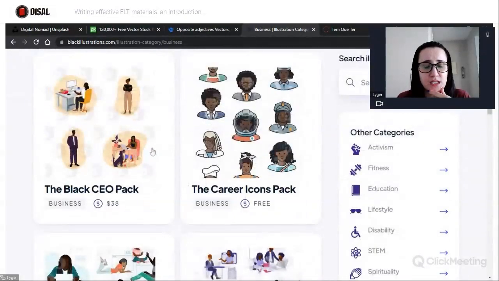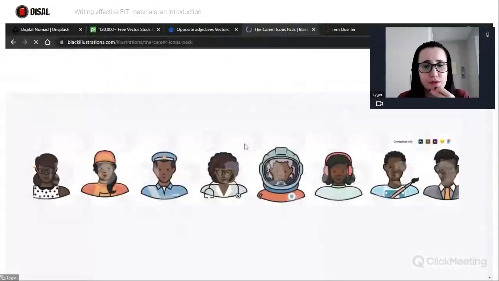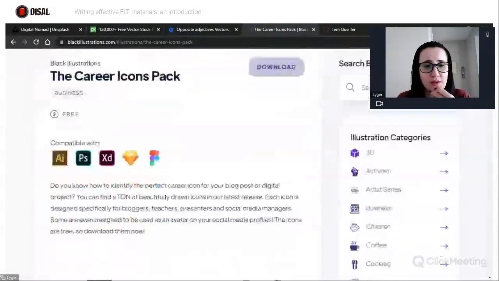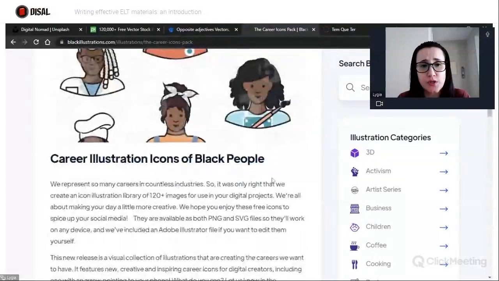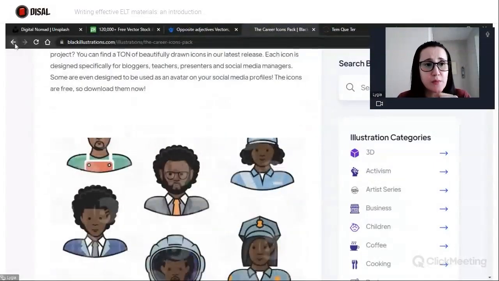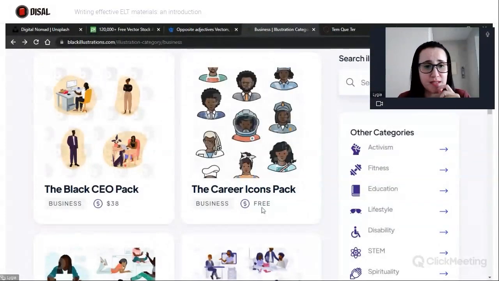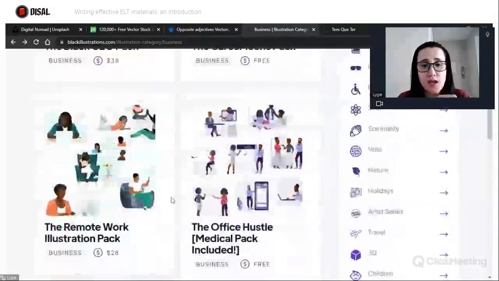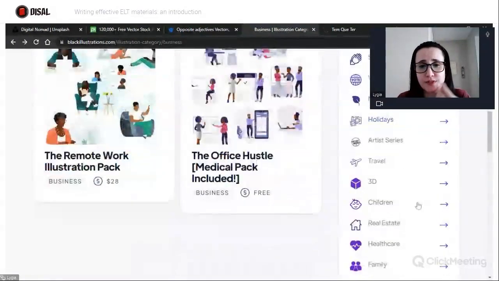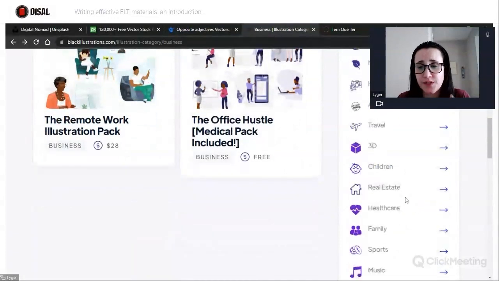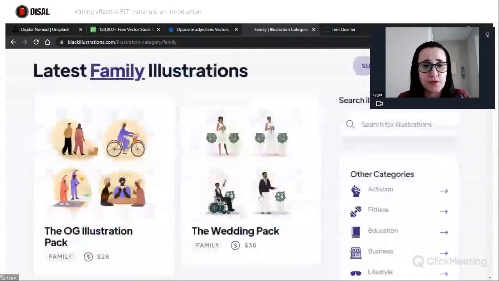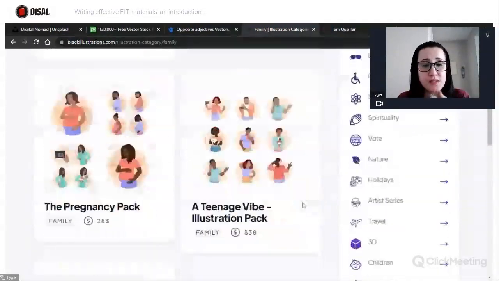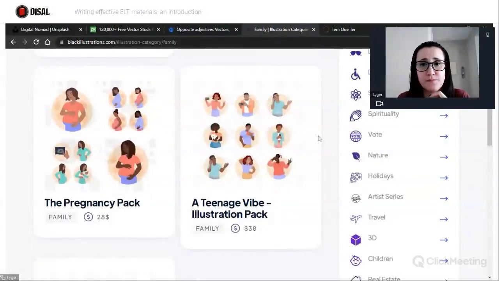You'll find these icons with Black people that you can include in your materials. Some of these are free, as we can see, others are not, but lots of interesting illustrations that you can use with your learners. So this is an option that you can consider.